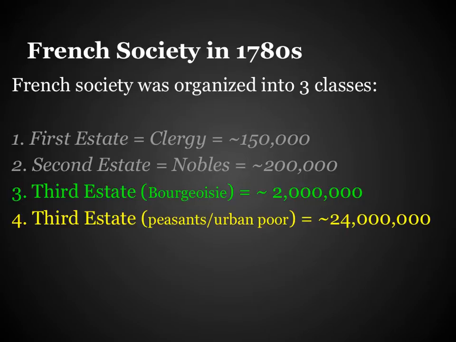While wealthy, though, the bourgeoisie had very little political voice, since they were a part of the Third Estate and therefore the lower level of society. Now, the peasants and urban poor were the vast majority of the French population. Peasants were agricultural workers who lived primarily in rural areas, and urban poor were artisans, craftsmen, and laborers who sometimes lived in rural areas, but usually lived in cities or towns, places where they could find regular work and regular customers.